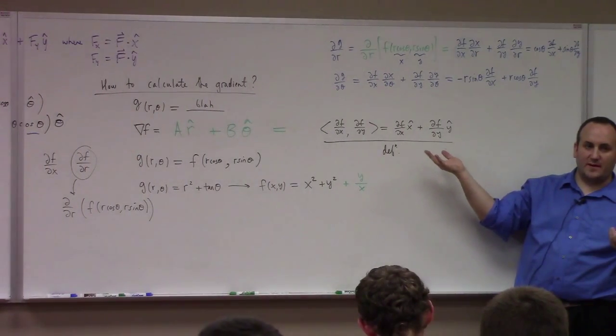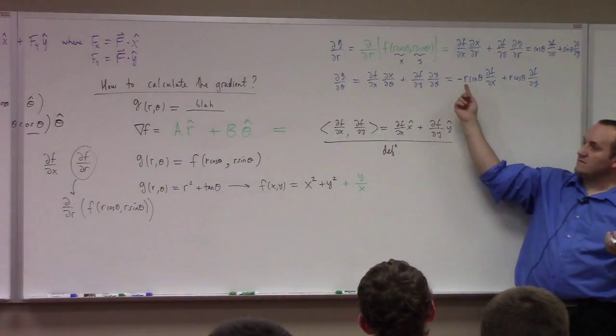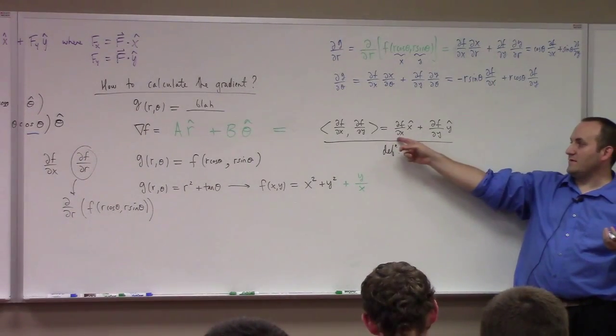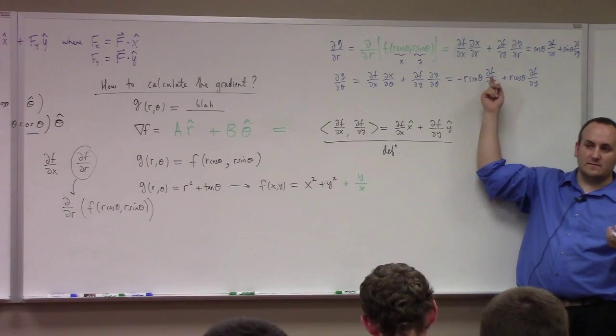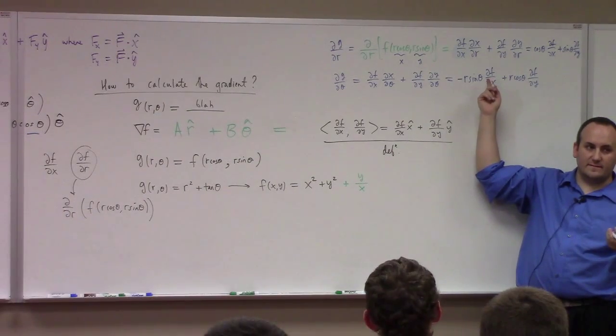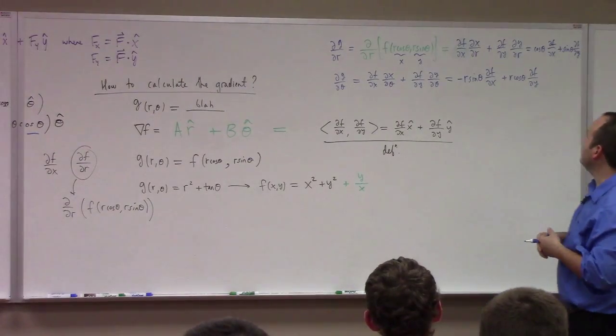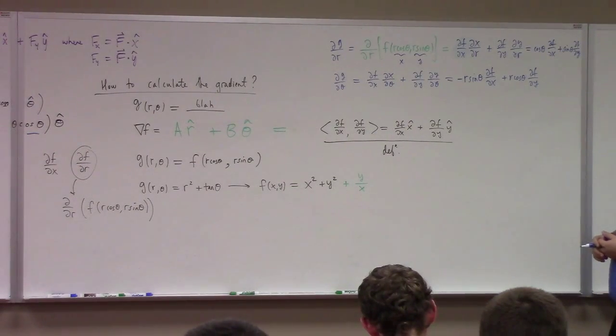So the annoying thing about my work so far is that it's useless for our purpose, right? Because we want partial f, partial x. What do I have up here? So what should I do?